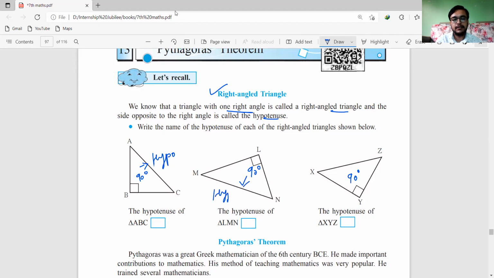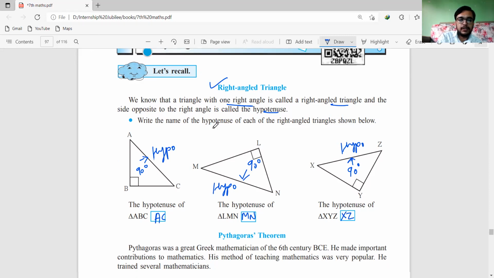In triangle ABC the hypotenuse is side AC. Here the side opposite to 90 degrees is MN, and here it is XZ. This is the hypotenuse.